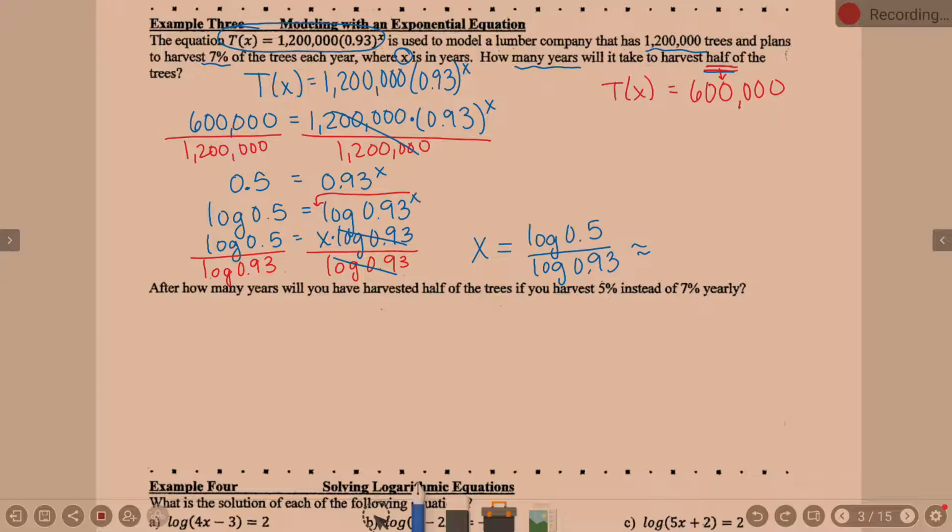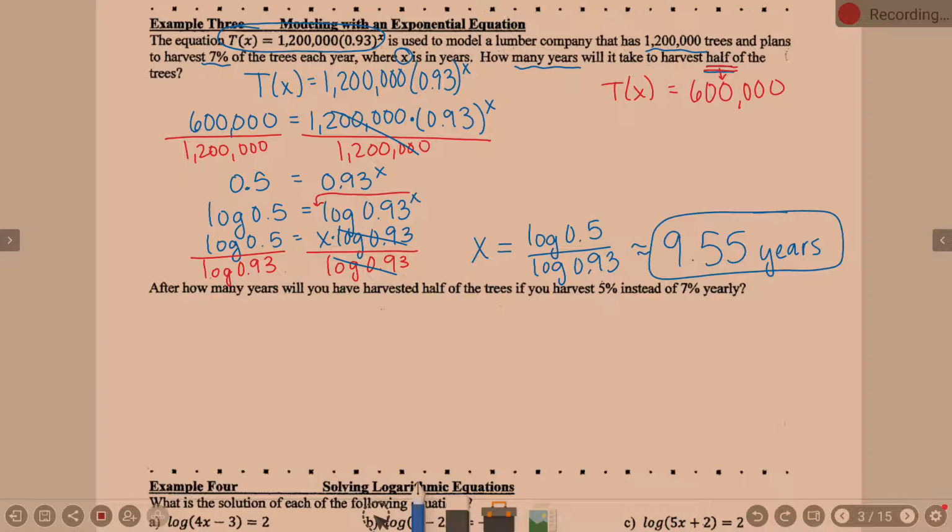So, log of 0.93. Okay? I have approximately 9.55, which is what you guys said. And that, of course, is years. If you said approximately 10, I would get that too.